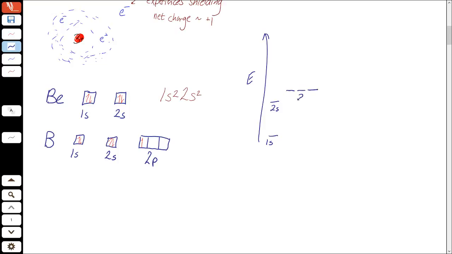Then the 2p's are higher in energy than the 2s a little bit, but all of the 2p's are at the same energy level. They're all equal, and there's a word for that, which is degenerate. Three degenerate orbitals, which means the same energy.